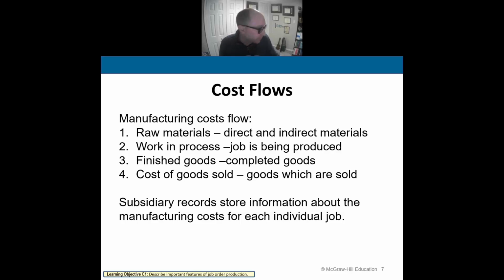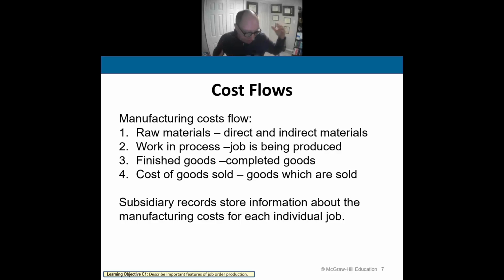It starts as raw materials. I fill the requisition. I take the cost of those raw materials and put it into work in process. Then as it's in work in process, I'm adding more materials, more labor, and more overhead. And I keep doing that until it becomes a finished good.